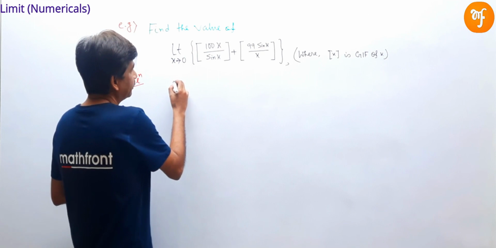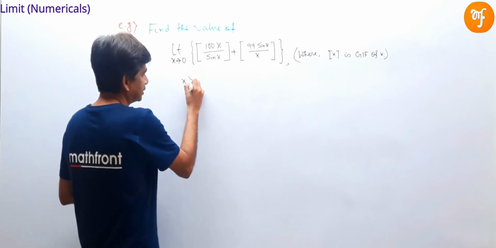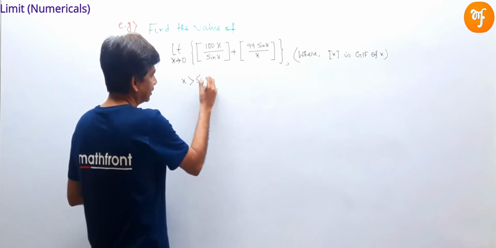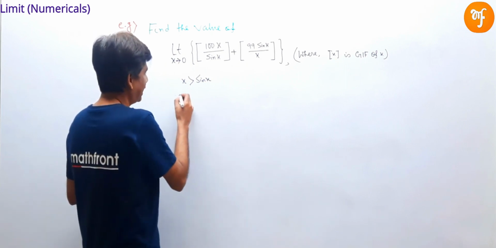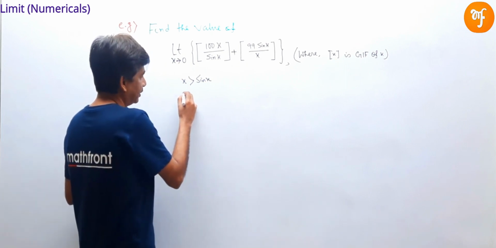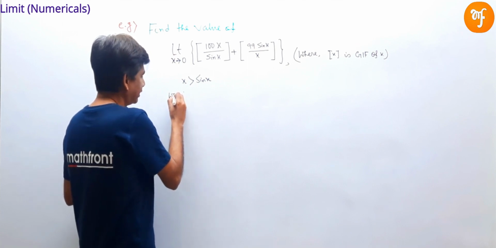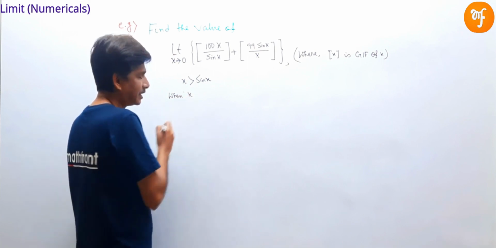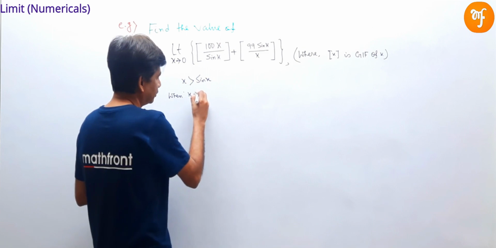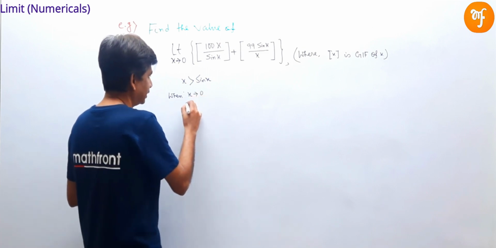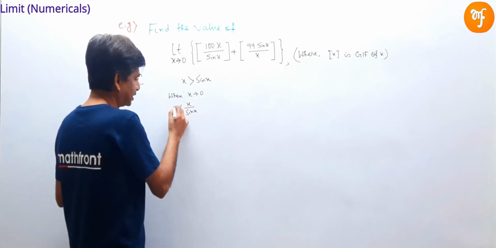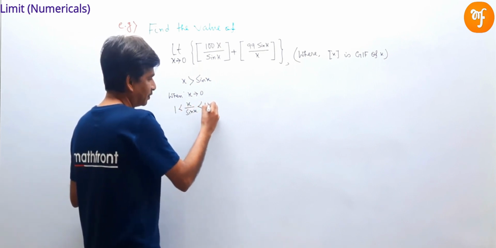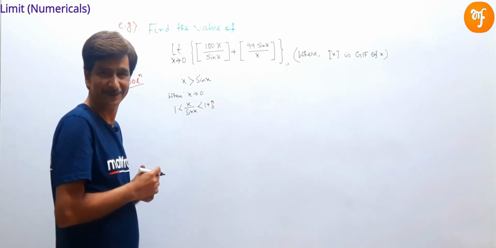So we know x is greater than sin x. And also we know when x tends to 0, x by sin x is greater than 1 and less than 1 plus delta.